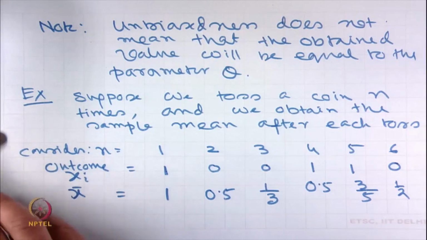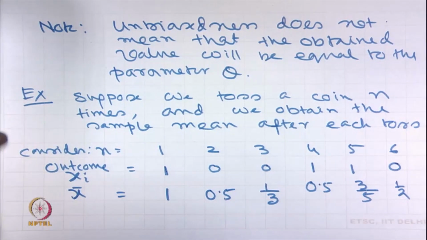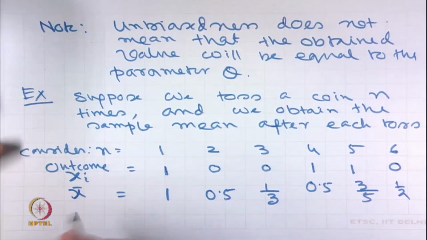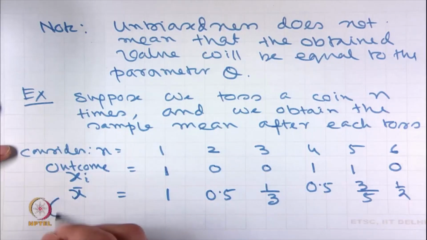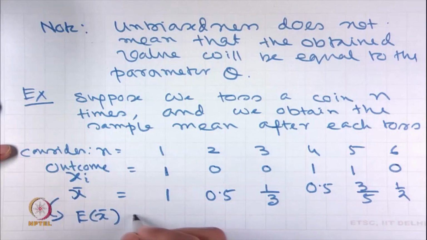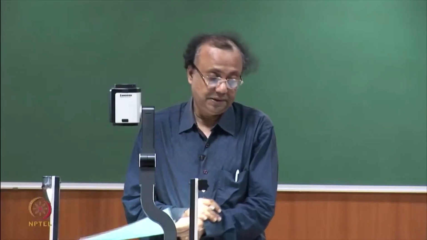It is not mandatory that they will be equal to the actual value of the parameter, but what we are saying is that if we consider its expectation, that is going to be equal to P. I hope the distinction is clear.